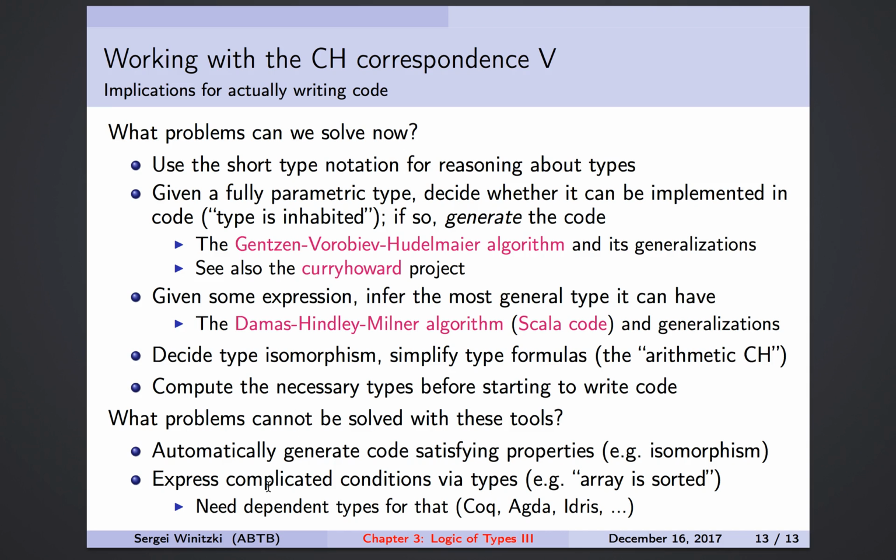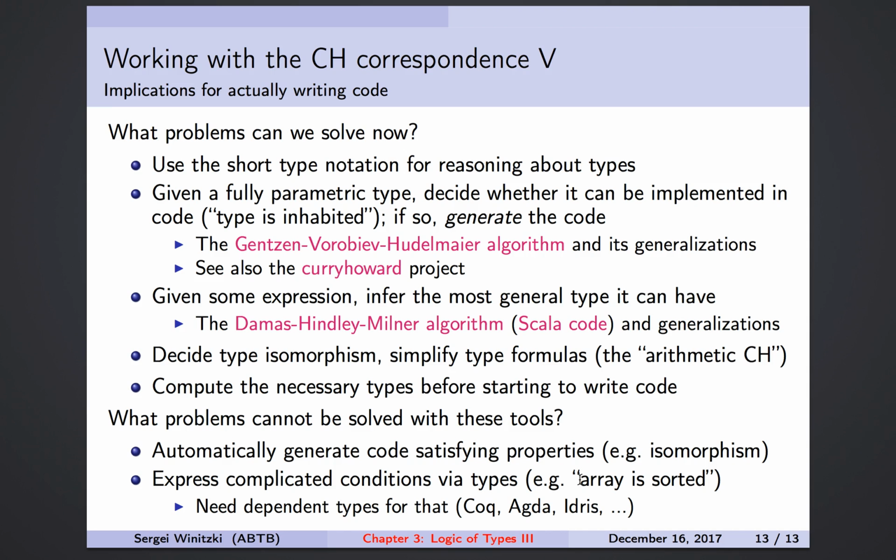And the second thing you cannot do is express complicated conditions. For example, we defined a list that is not empty, but we could not define a list that is sorted. There's no way to define a type that automatically sorts the list. You can write code that sorts the list, for sure, but you cannot have a type that somehow by itself is not going to compile unless the array is sorted. See, that is impossible.